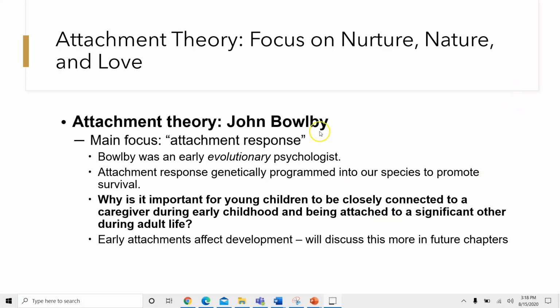All right, attachment theory. This is John Bowlby, whose main focus was the attachment response. And we'll spend quite a bit of time talking about this. But Bowlby was an evolutionary psychologist who believed that the attachment response, a strong emotional connection between an infant and a caregiver, the research started between an infant and a mother, was important to promote the survival of our species, right?